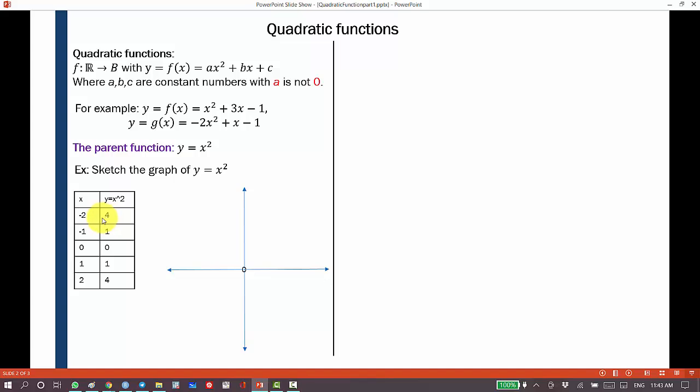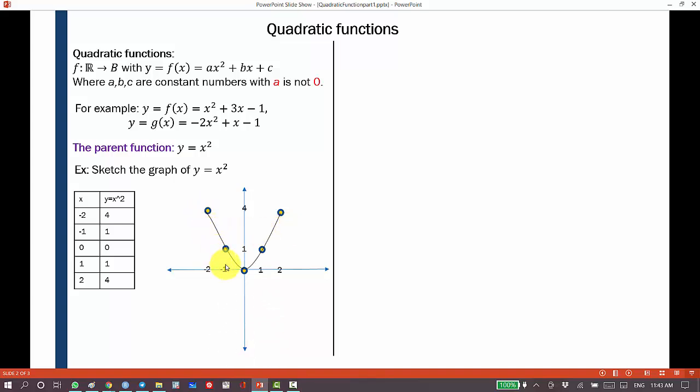Finding these pairs in two-dimensional space, for x we have −2, −1, 0, 1, and 2. Correspondingly, for y we have 4 and 1. These are the points with coordinates (−2, 4), (−1, 1), (0, 0), (1, 1), and (2, 4).